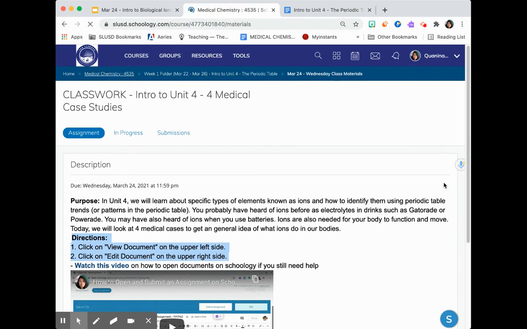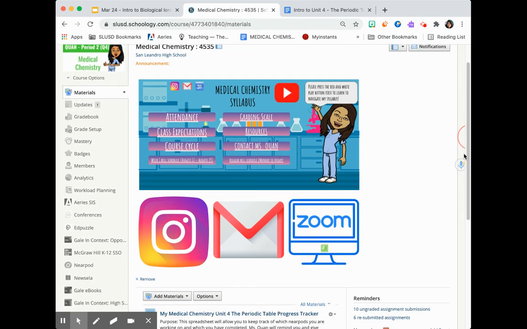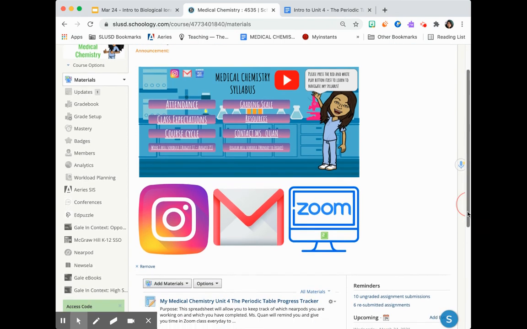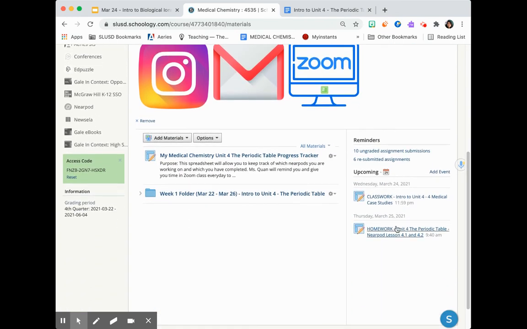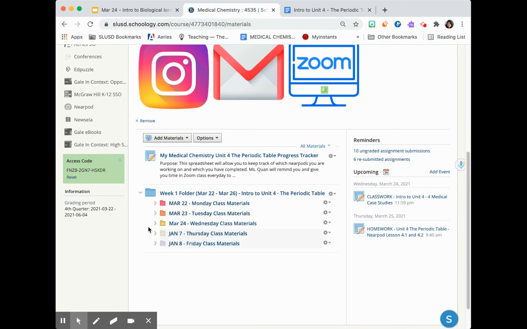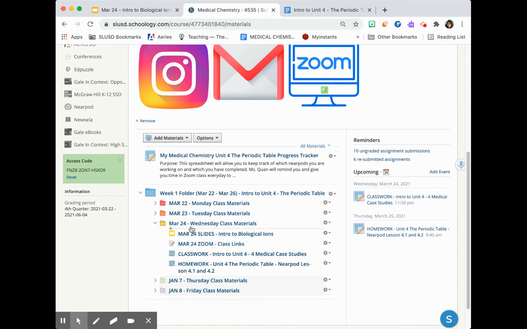I'm going to jump back onto the main page for medical chemistry. And I'm going to click on homework on the right-hand side where it says upcoming. If you don't see where these things are, you might have to click into the week 1 folder and then click within today's dates, March 24th, Wednesday class materials, right? And you should be able to find the classwork and the homework here as well.